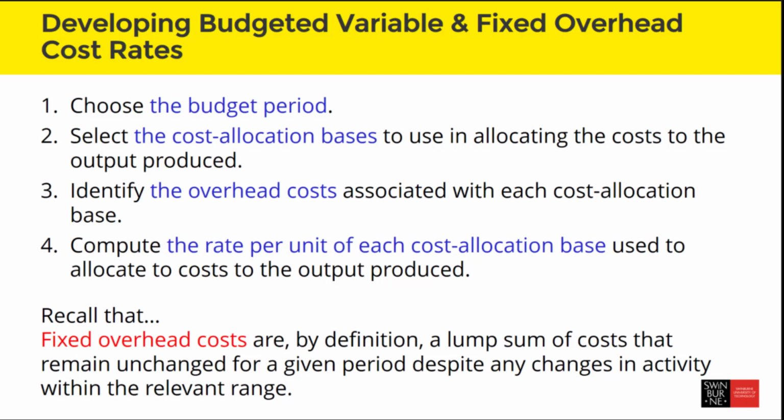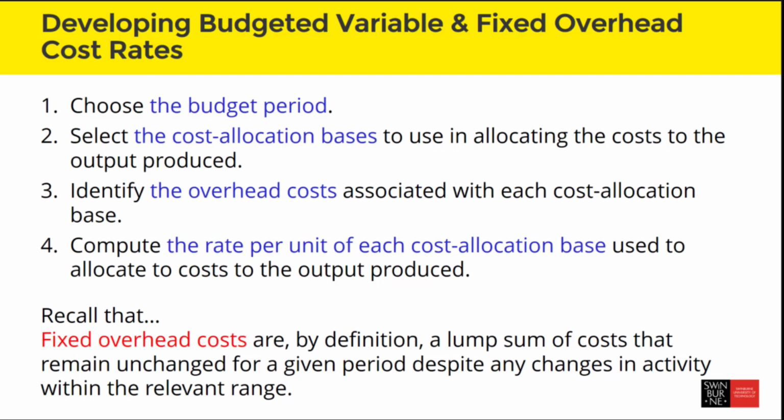Please also remember that fixed overhead cost, by definition, is a lump sum cost. It is a total cost that remains unchanged for a given period, even though we have changes in activity level. Fixed cost will still be the same within the relevant range.